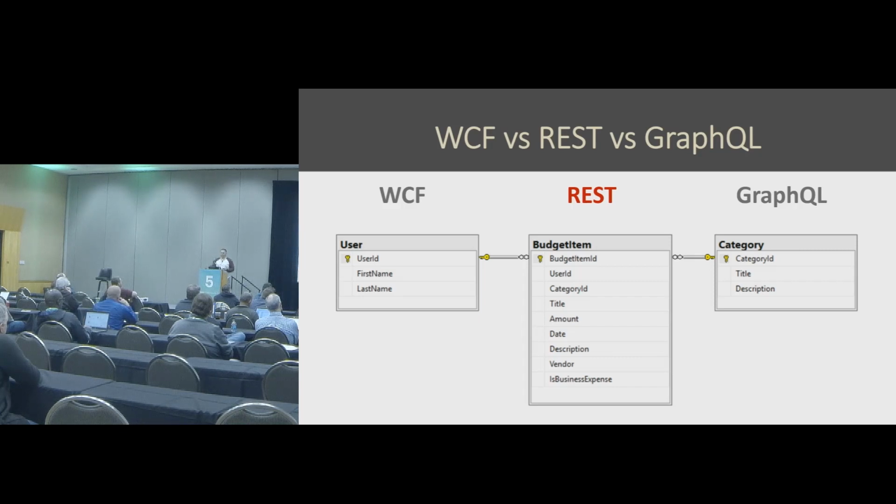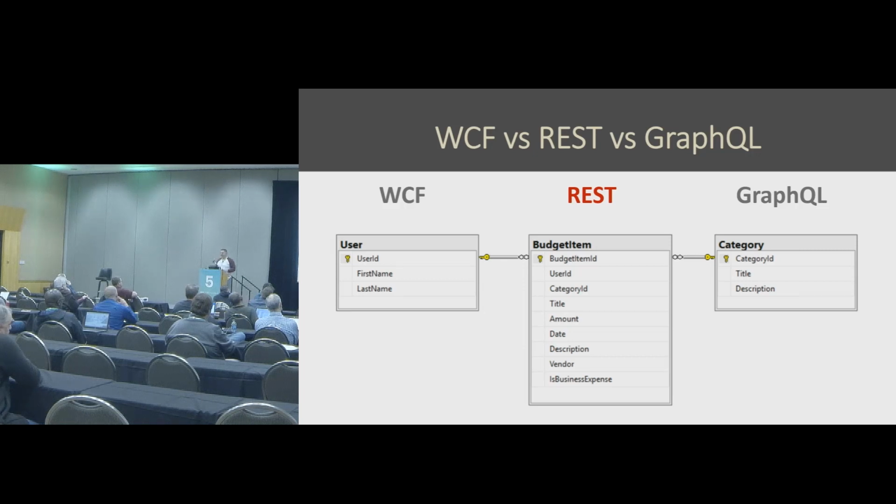Because of the flexible nature of WCF, I can have one endpoint and one method that would do that. So usually it would probably be called something like get users and budget by category or something like that. So the more you start developing this, and as you can see, this is just 3 tables, the endpoint names or the method names start to look more like paragraphs than they do like a quick action.